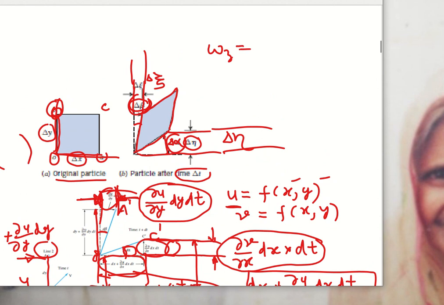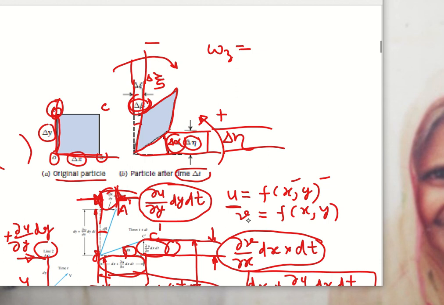It is equal to, in the counterclockwise direction, if we give this a plus sign, then for the clockwise direction we have to give a minus sign. Omega z means we are considering the plane shown here, the xy plane. What is this angle delta alpha?